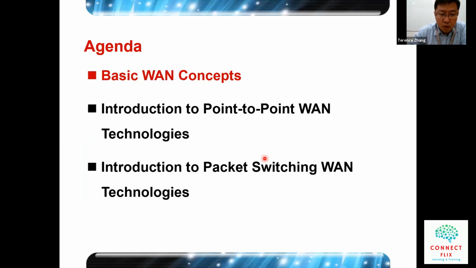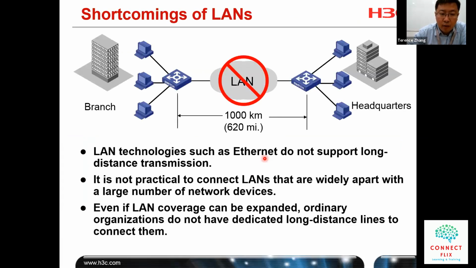Compared with the LAN, the WAN came out and was developed just to solve the problem of transmission distance, right? Many kinds of LANs can only transmit over a very short distance.